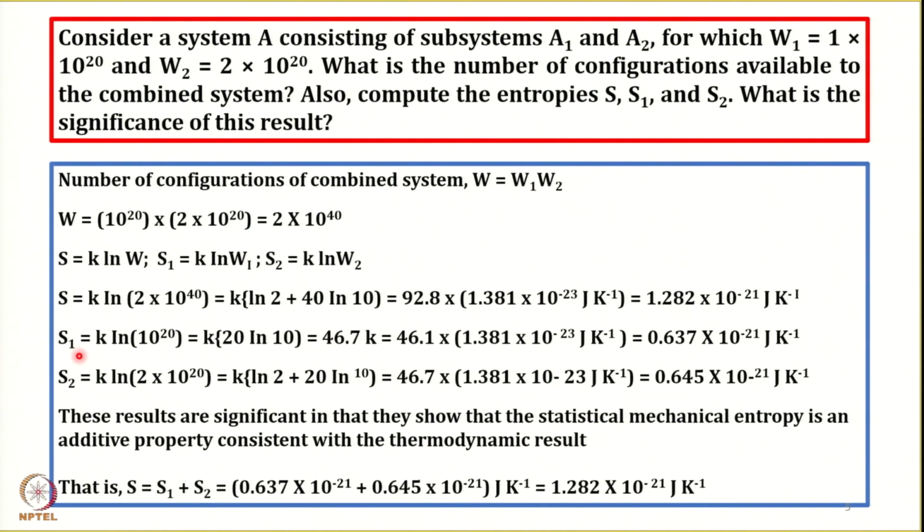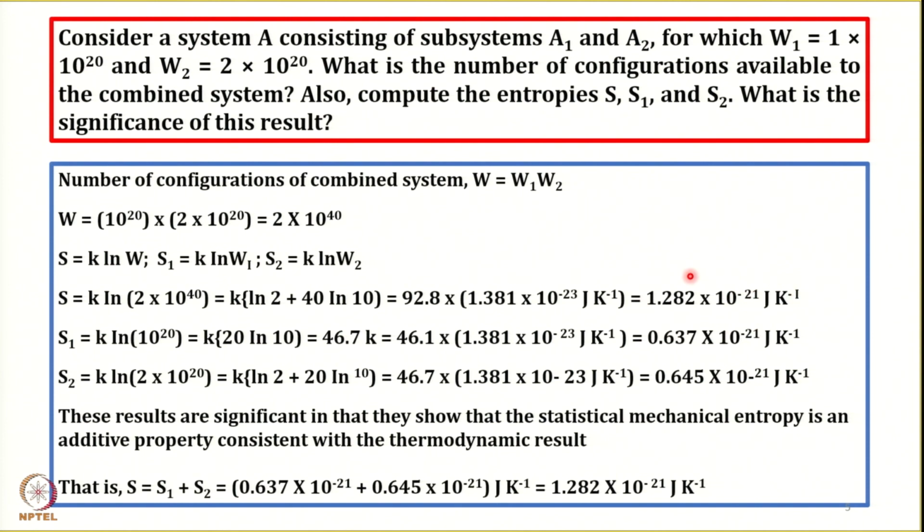For subsystem 1, the value has come out to be 0.637 into 10 raised to the power minus 21. For subsystem 2, the value has come out to be 0.645 into 10 raised to the power minus 21 joules per Kelvin. Obviously, when you add these two, you get this value.